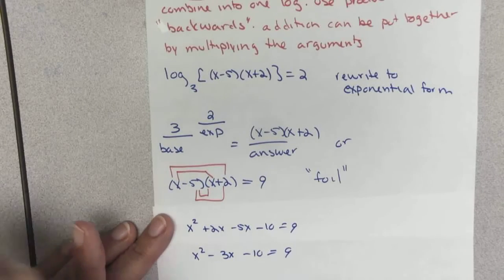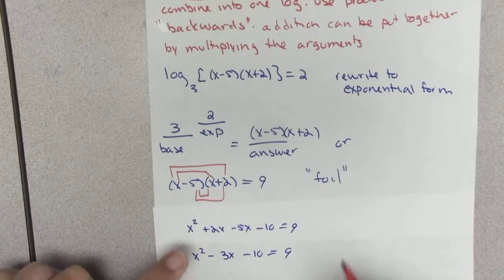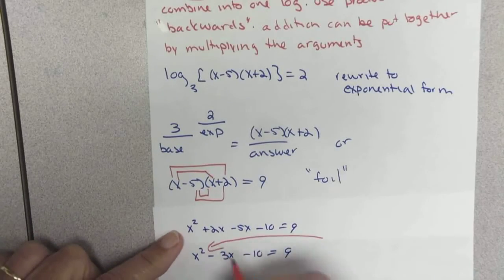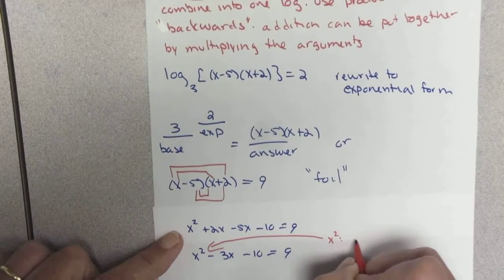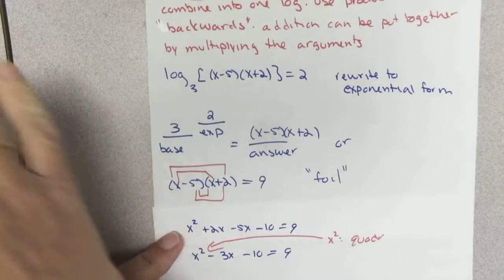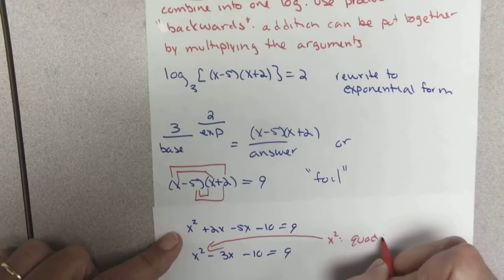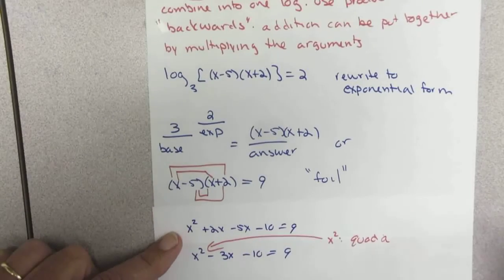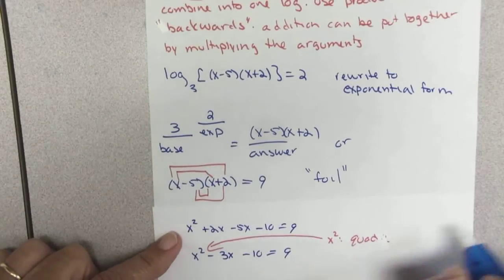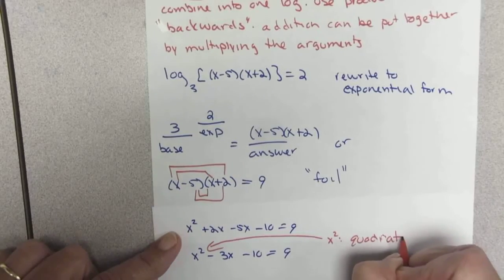So then I've got that x squared. That makes the quadratic. I can't spell quadratic today. Quadratic.